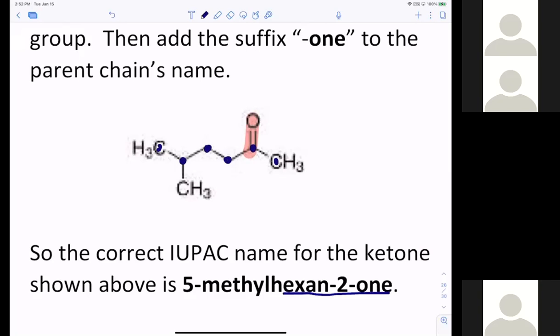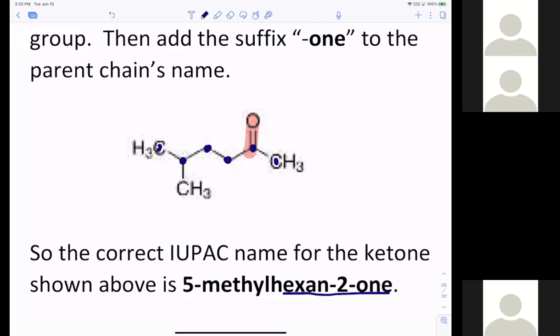Because it could be anywhere in the molecule. Well, with hexane, where could it have been? On the 3rd. Yeah, the second or third, right? Everybody with that? If you count from the other side, second or third carbons, that's about it.